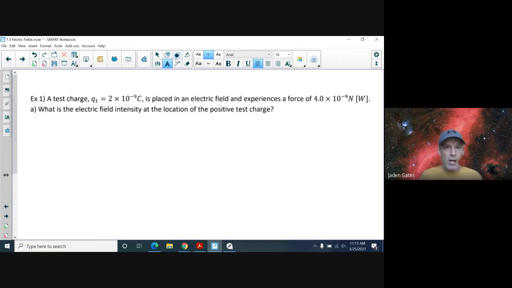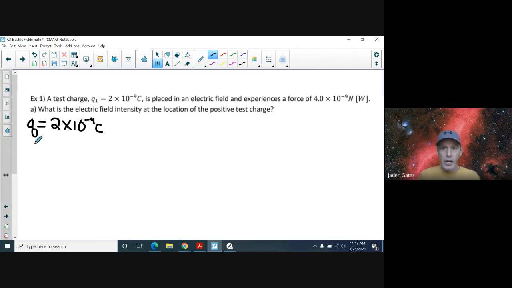I've got my charge Q, which is 2 times 10 to the power of negative 9 coulombs. The force, Fe, equals 4 times 10 to the power of negative 9 newtons west. And what we want to know is, at this point, what is the electric field intensity?